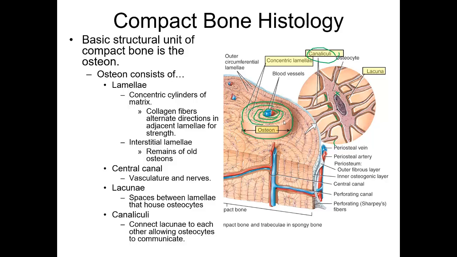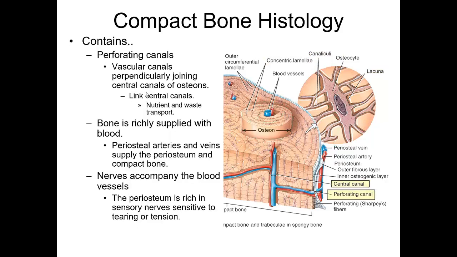The concentric circles in which the matrix is layered are called lamellae. So that is an osteon, or a structural unit of compact bone. In addition to this, there is a rich supply of blood vessels, as well as a rich supply of nerve endings, which makes the bone tissue very sensitive to tearing or tension of any kind.